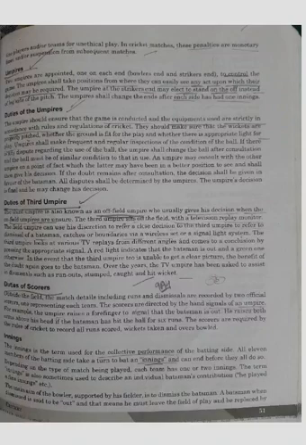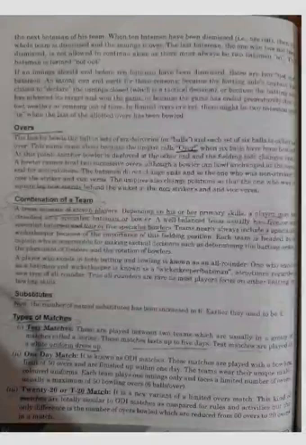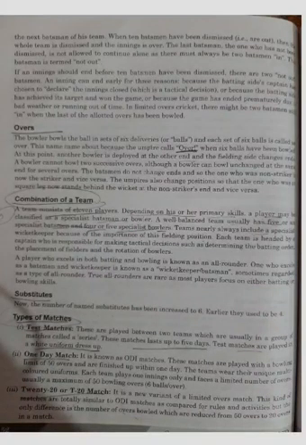Okay, then over. What is over? The bowler bowls the ball in sets of 6 deliveries or balls, and each set of 6 balls is called an over. This name came about because the umpire calls over. When 6 balls are done, the umpire says over.